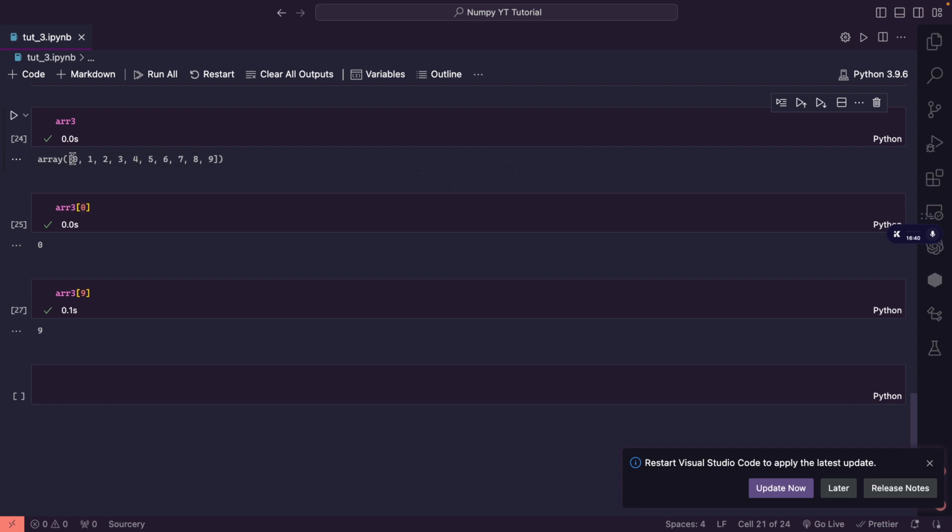Now we want to know how much the person ran between the fifth and the eighth day. So what will we do? Array 3. We are telling the code to give me the data starting from the fifth day, from the fifth position.